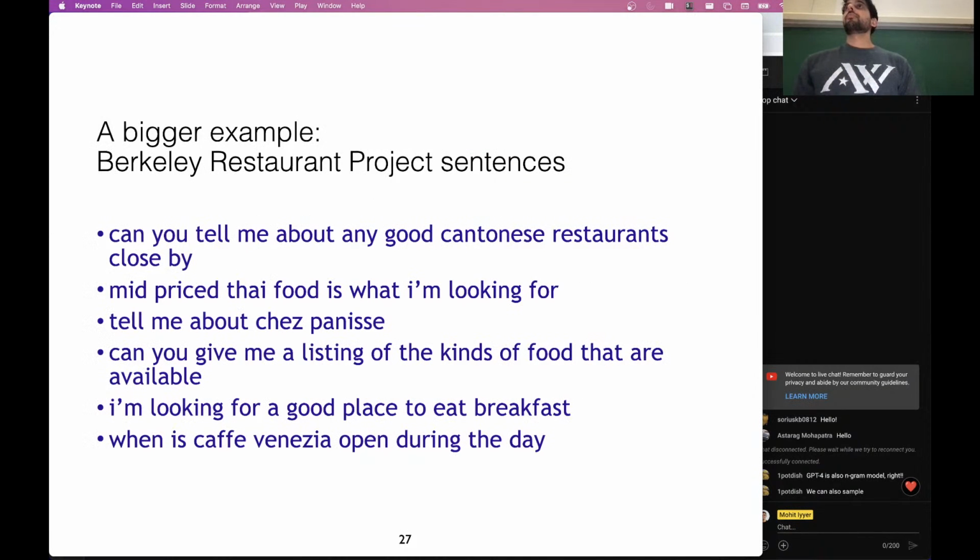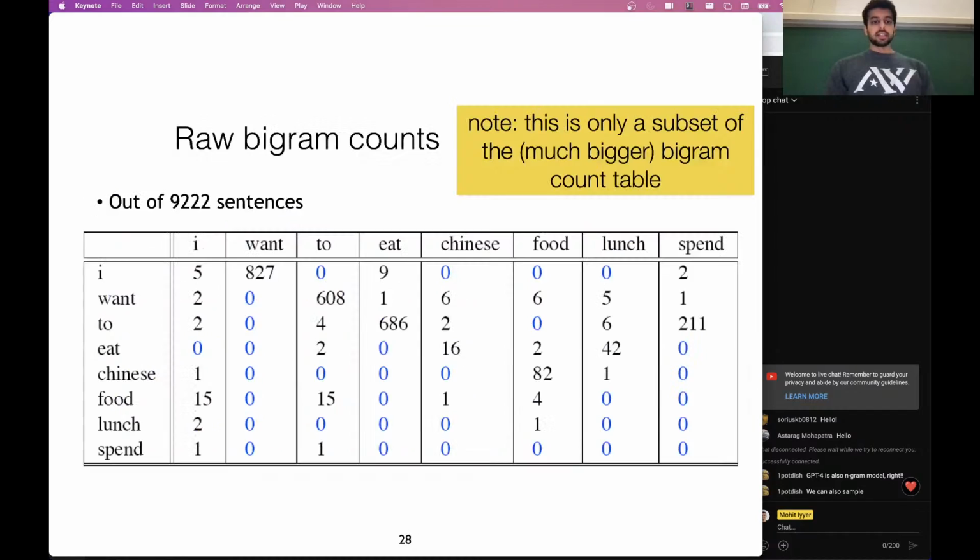Okay, this is a nice example from the textbook that was part of your reading for this class, where they trained a bigram model on a set of restaurant reviews. You can look at how this bigram table looks.